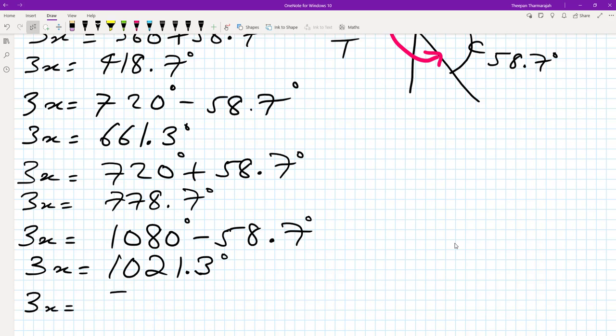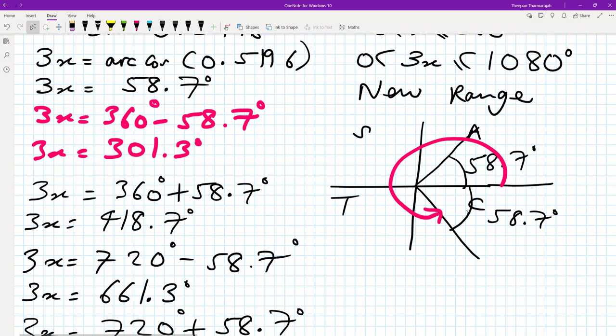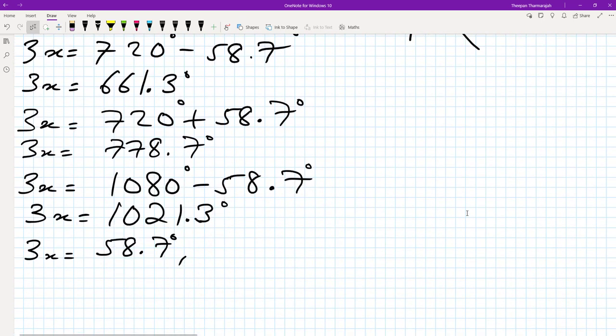So now we can write everything out in terms of 3x. We get 58.7 degrees. The next solution is going to be 301.3 degrees.